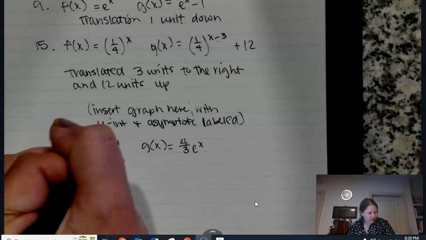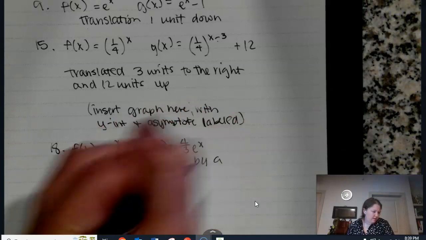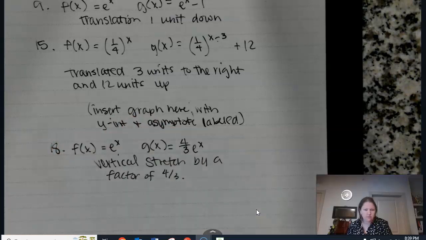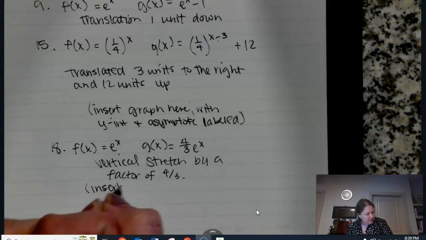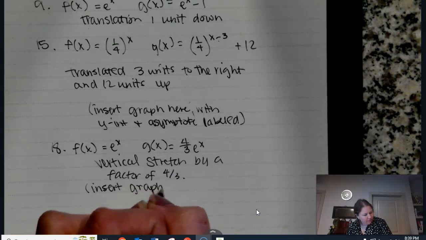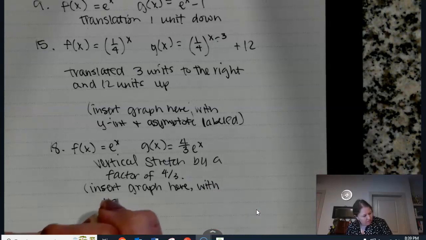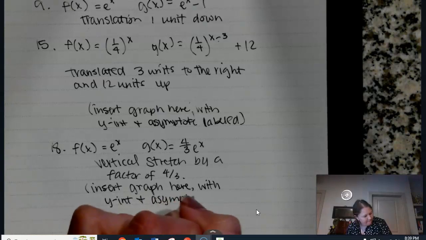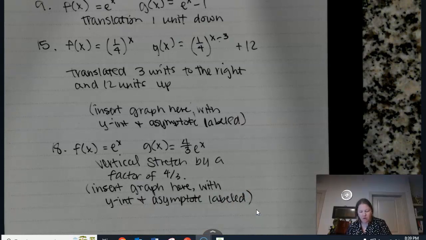So we'll just say vertical stretch by a factor of 4/3. And then you would also insert graph with your y-intercept and your asymptote. Beautiful.